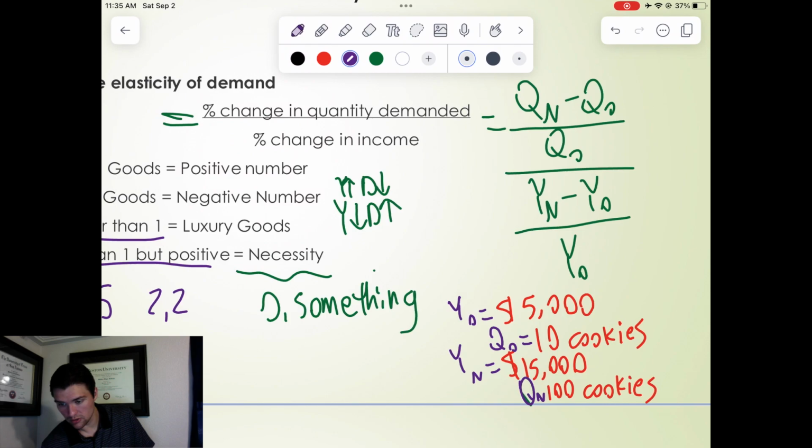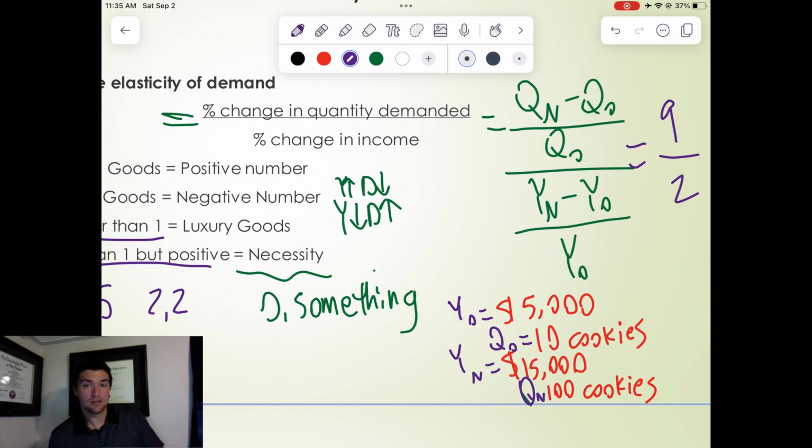If you want to follow along with me real quick, it'll be 100 minus 10, so that's 90, divided by 10, so we have 9, and then your income will be 15,000 minus 5,000 divided by 5,000, so that'd be 2.